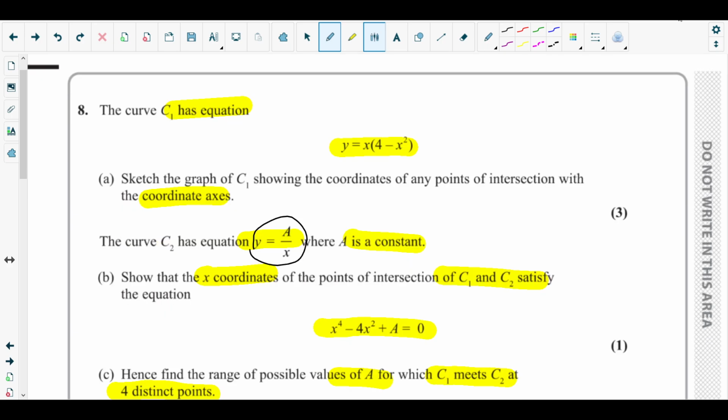So the value of a can never be 0. So a is not equal to 0.